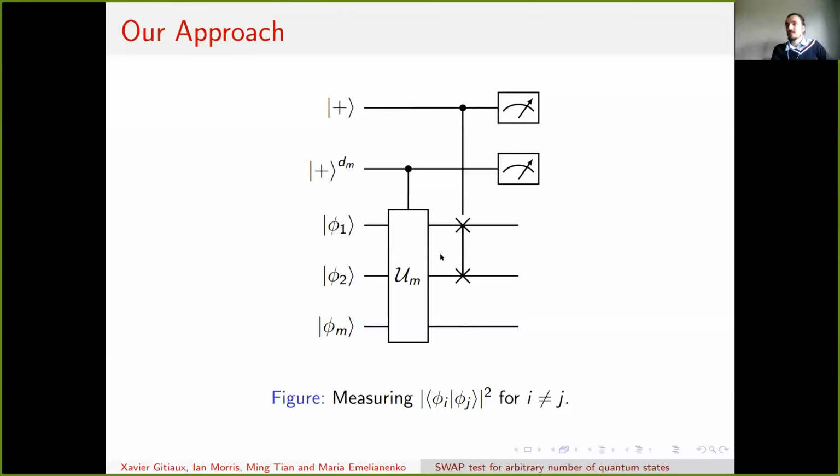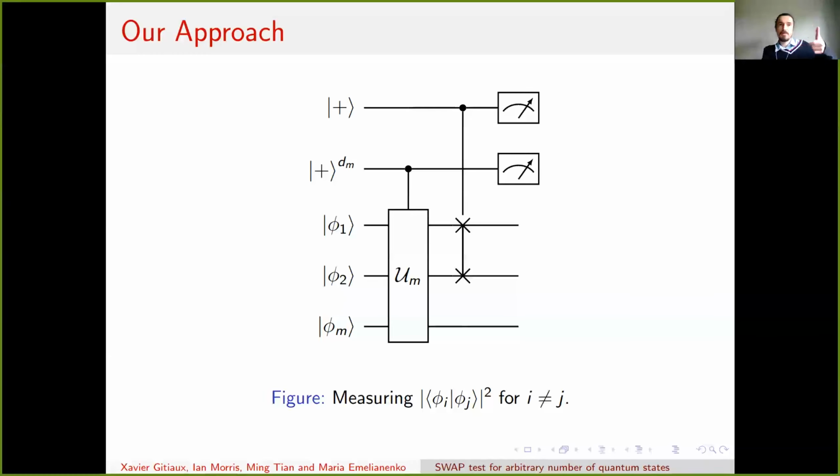More precisely, this is the circuit we're going to use. You have these vectors phi 1, phi 2, etc., to phi n. The idea is I'm going to create a machinery first, and what this machinery does is bring all the vectors phi 1 to phi m on the top two registers, so that after we use this machinery, which we call unitary UM, if I look at the top two wires, I'm sure to see all the pairs phi i, phi j.